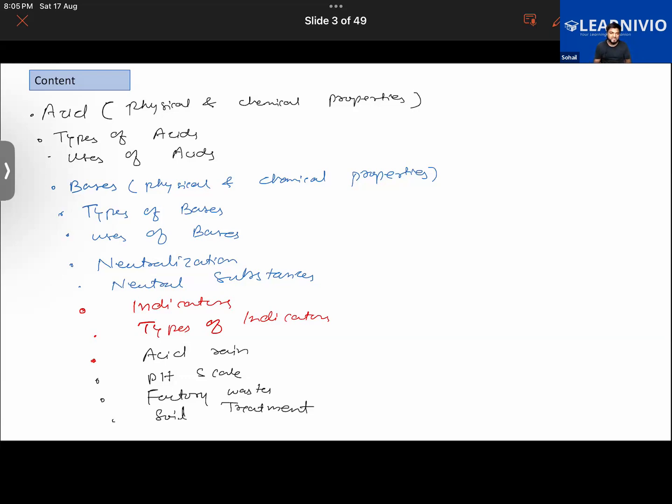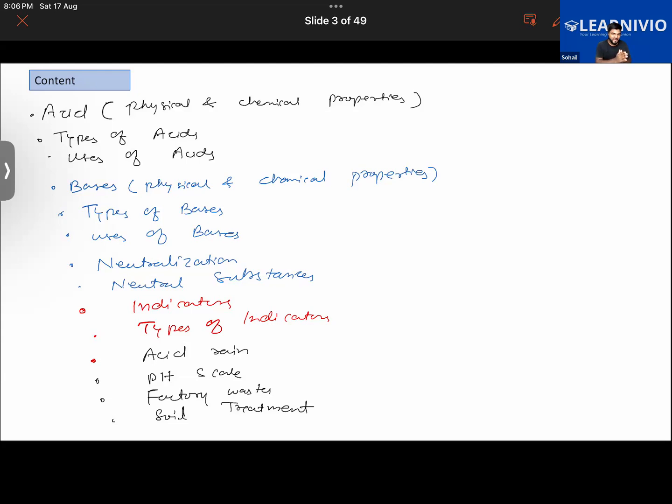Talking about acids now, acids are generally defined as those chemical substances that have a sour taste. That's a usual property. Furthermore, you can't go on to taste every acid, because acids are of two types.